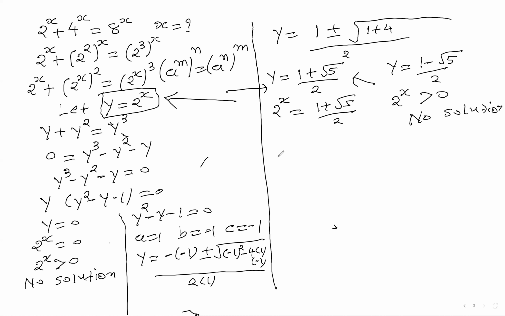When we are taking the log, we can take any base, whatever is most suitable. Here I will try to take the log with the base 2. On the right hand side also, I'll do the same. So log of 1 plus root 5 over 2 with the base 2.